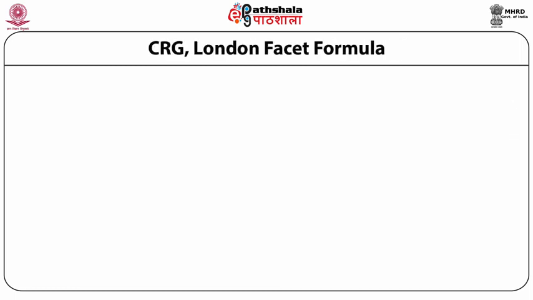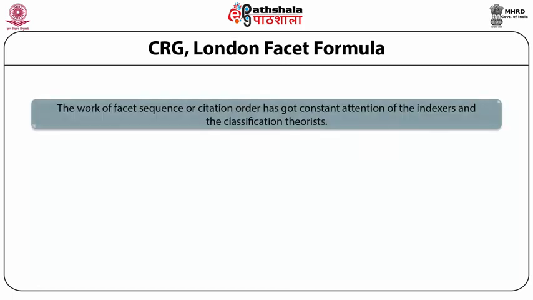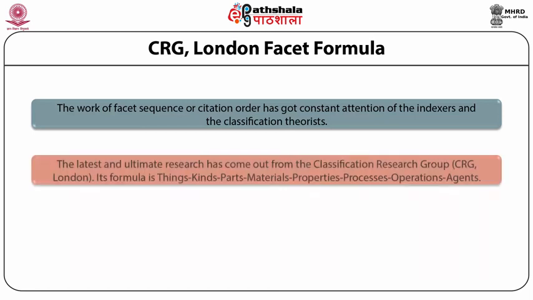CRG London facet formula. Ranganathan's theory of facet sequence, or the formulas for facet sequence, though basic and seminal, look rudimentary when it comes to very complex subjects. Therefore, the work of facet sequence or citation order has got constant attention of the indexers, classificationists and theory makers. The latest and ultimate research has come from the Classification Research Group, London.